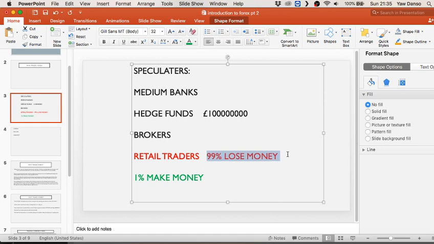Some of them will just quit, some of them will make it a habit, so they will just keep losing, thinking one day they're going to make it, but obviously they don't change the way of trading, so they keep losing and losing and losing. We don't want to be part of that. We want to be under 1% and make money. Does this category make sense?